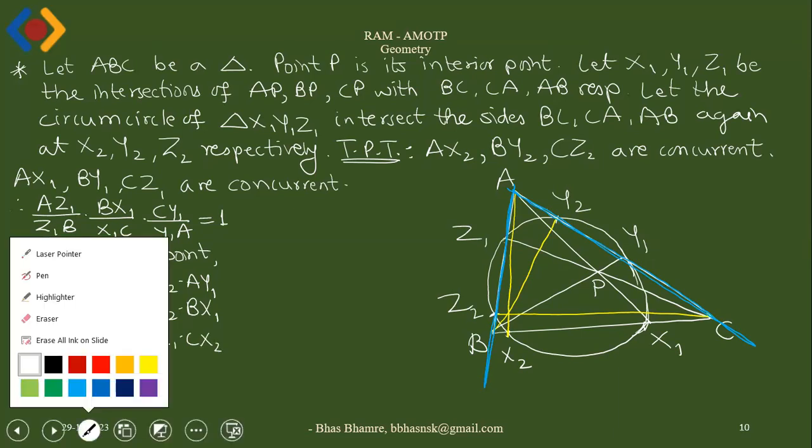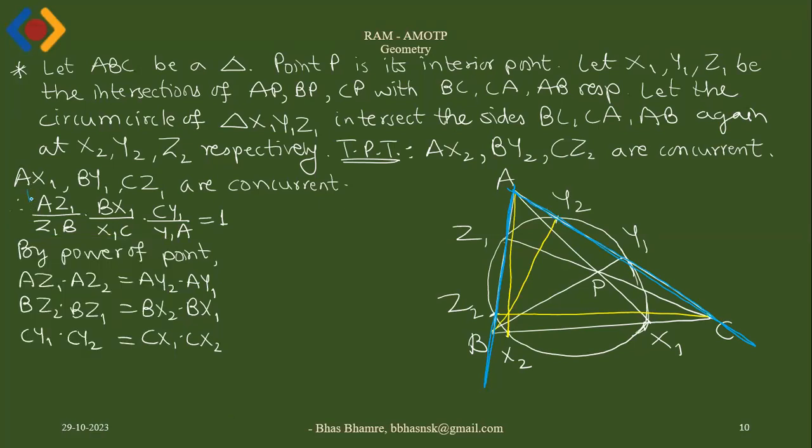Now tactfully I can see this: AZ1, BX1, CY1, that I want over there.